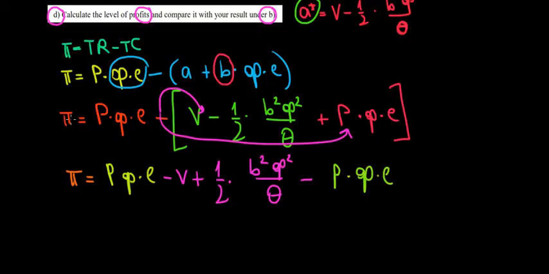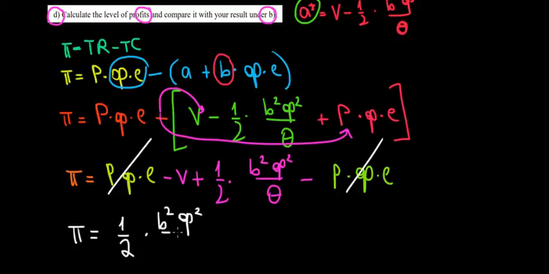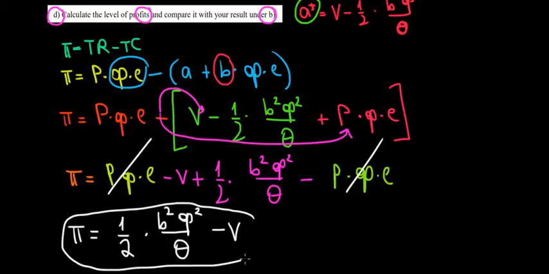P times theta times E goes away because we cancel them out, and we're left with the profit level equal to, let's write it the normal way, positive term first and then the negative: 1/2 B squared theta squared divided by theta minus V. This is the profit level that we're finding over here.